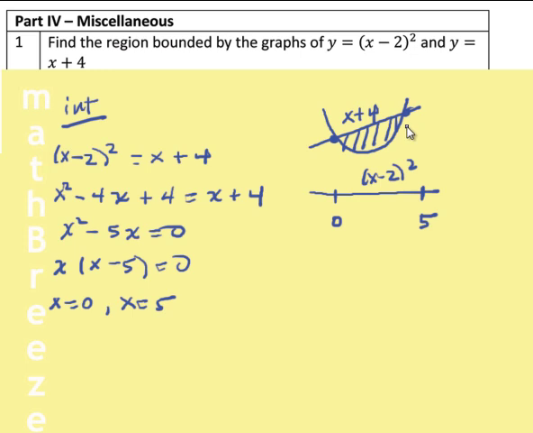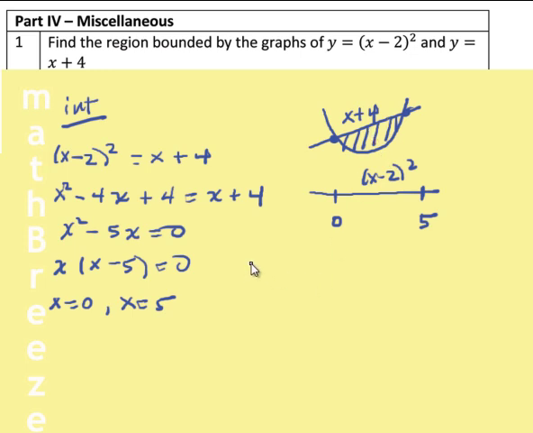If we weren't sure which curve is on top, then you can just substitute something in between 0 and 5. Like let's say you substitute in 1. So if you put 1 here, you get 5. If you put 1 here, you get 1 minus 2 squared, which is 1. So this is underneath this one.